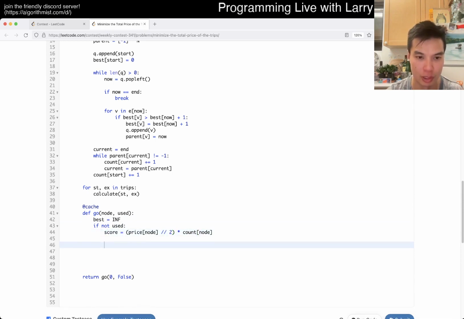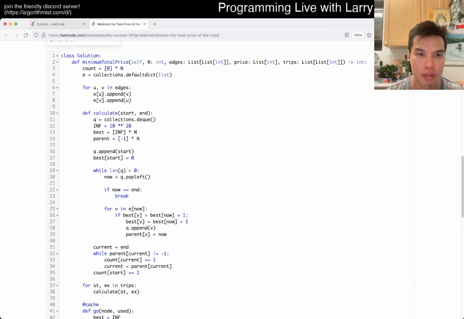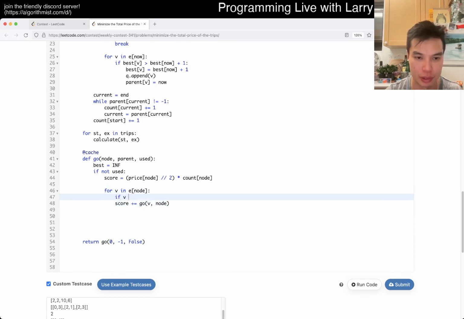This is the score, and then we can do a recursion for each node in the edges of node, summing that with go of the neighbor. Oh, because I did it with breadth first search that time, so I need a parent. If the neighbor is not equal to the parent.